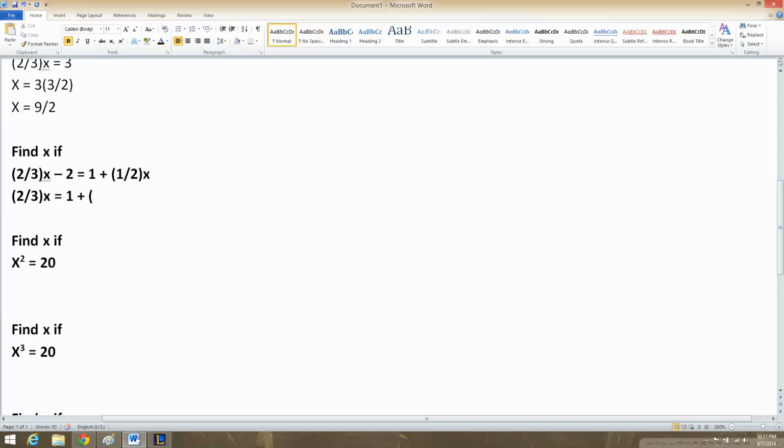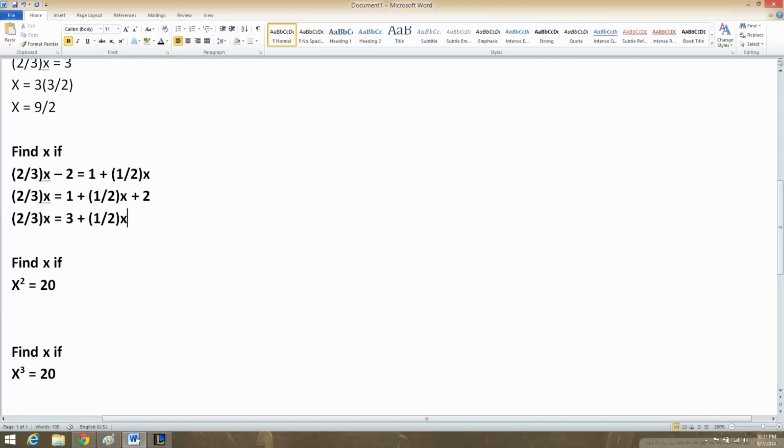So that ends up as 1 plus 1 over 2x plus 2. We can simplify that by adding the 1 and the 2, and it ends up as 3 plus 1 over 2x.